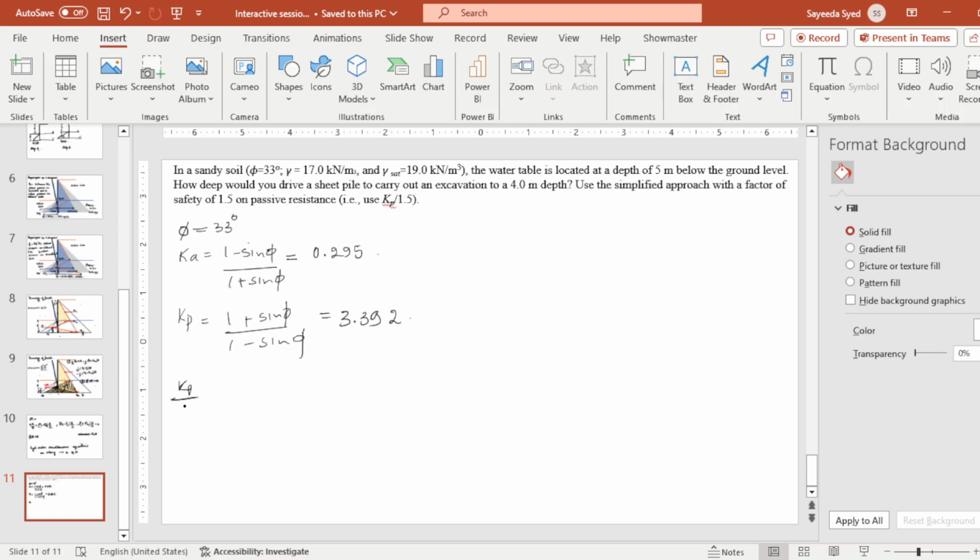If we divide this by the factor of safety as given in the question, we get 3.392 over 1.5, which is 2.261, and our gamma submerged will be 19 minus 9.81, which is 9.19 kilonewton per meter cube.